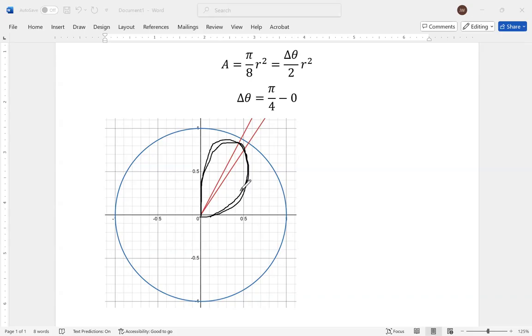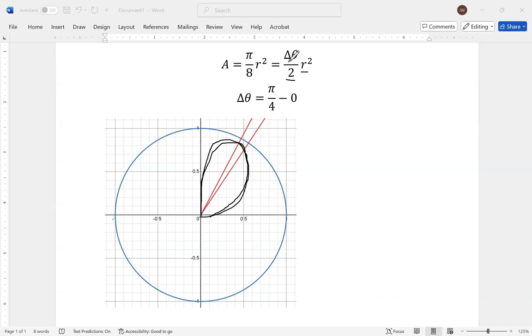And I could let that R just be my function that generates out the rose curve. And the area is still going to be change in theta over 2 times r squared, at least an approximate area.